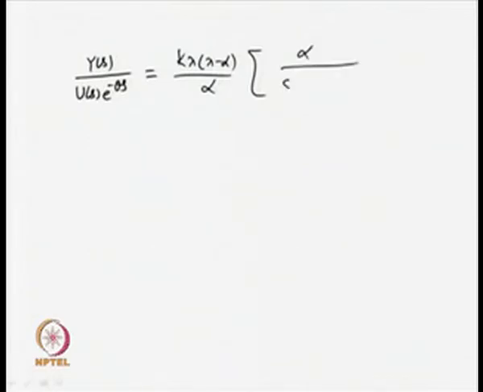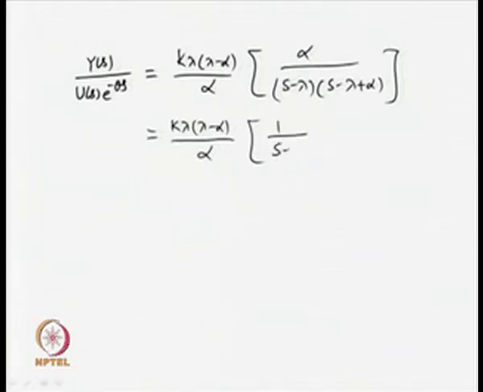Now, this same expression Y(s)/U(s) e to the power minus theta s, which is given as k lambda minus alpha upon alpha upon (s minus lambda)(s minus lambda plus alpha), when expressed in the partial fraction expansion form gives us k lambda minus alpha upon alpha times [1 upon s minus lambda minus 1 upon s minus lambda plus alpha].